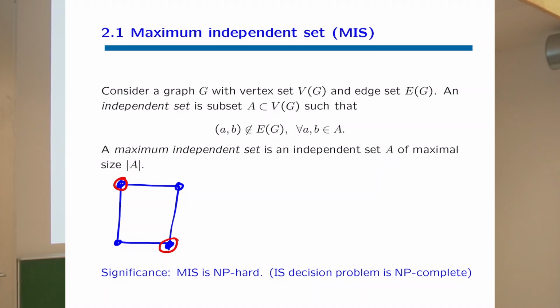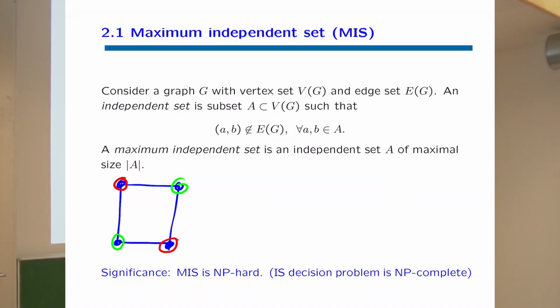So this is the maximum independent set for this graph. Well, it's one of them. We also have the other. So we have 2 maximum independent sets here in this case. Good. Okay, I hope this clarifies the concept of maximum independent set.